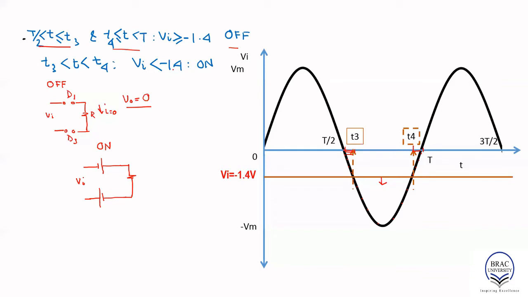Since we know that the Vi is negative, we can already put the symbol.